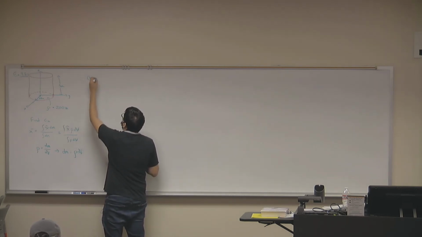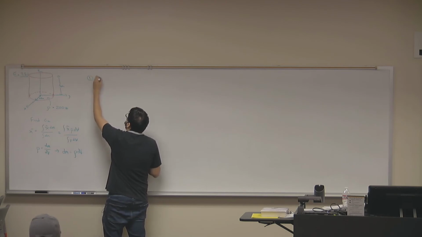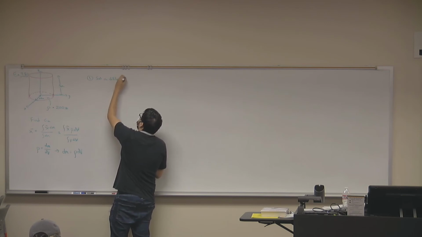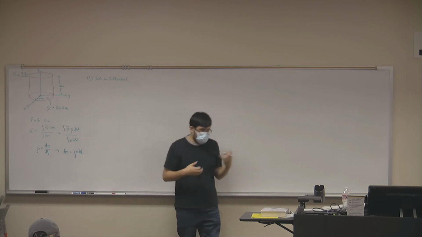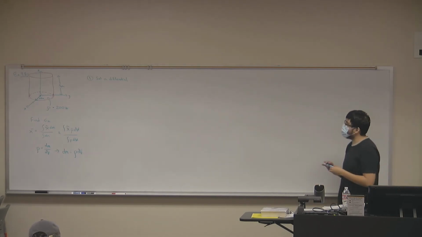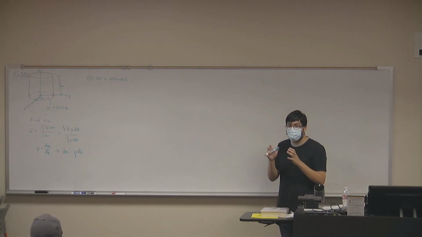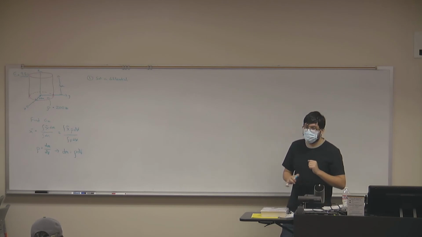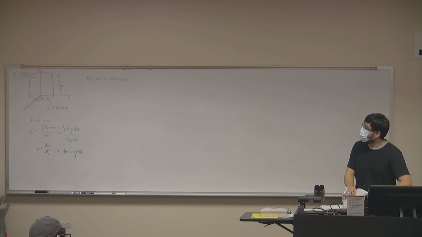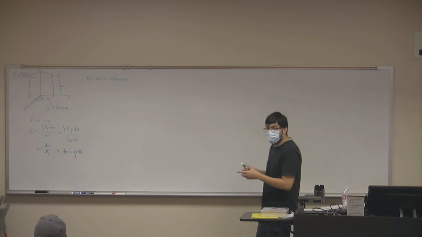So, let's start by setting a differential. Before, we used to say that we set a differential element dV. In this case, we're going to set a differential element of mass dm. But we already know that dm is equal to rho dV.